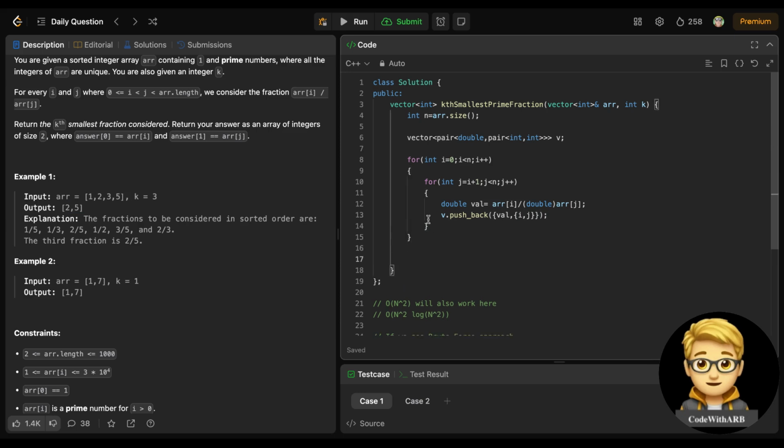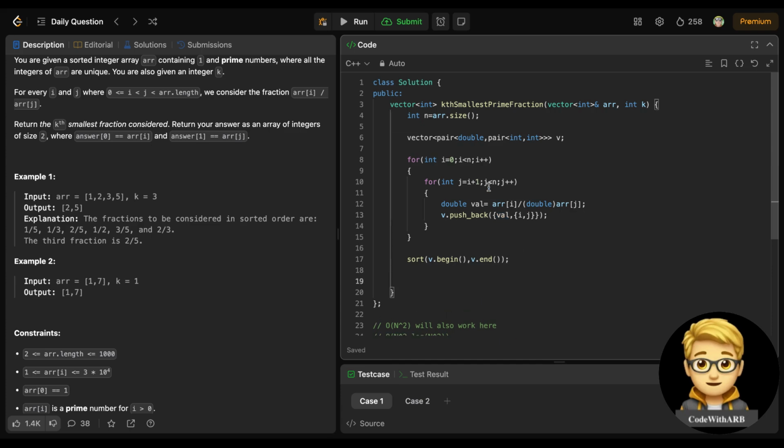Now ultimately I have all the values in my vector. Now I will simply sort it. When we sort, if we don't give any comparator function describing how we want to sort, then it will always sort according to the first value, right?